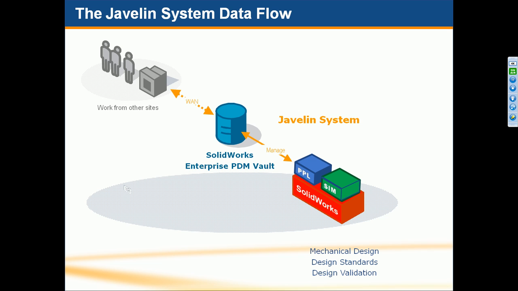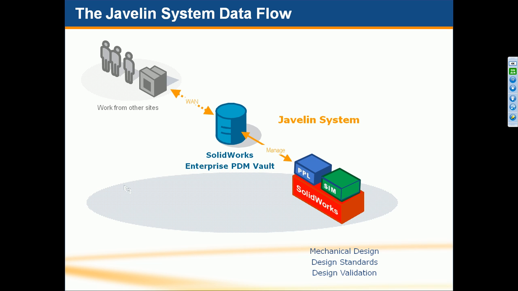harnesses. So here's a step up in terms of really at a very high level in terms of what Javelin is trying to bring to each of your companies and the value that we offer. Let's just walk through a very high level view of what we're trying to accomplish. This is a view of the mechanical world. We have SolidWorks in the bottom right hand corner. That's the mechanical design process, and there's an analysis process that sits on top of that, and there's something that we've written called property links, which allows us to populate our mechanical designs with things that will be needed downstream.